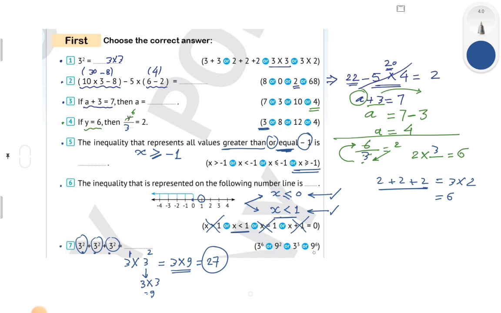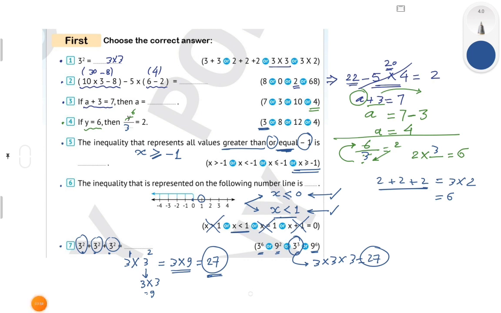Search for the choice that equals 27. Which one? Note with me, 3 to the power 3. Why? Because 3 to the power 3 equals 3 by 3 by 3 equals 27. That's the same answer. Now the right choice is 3 to the power 3.